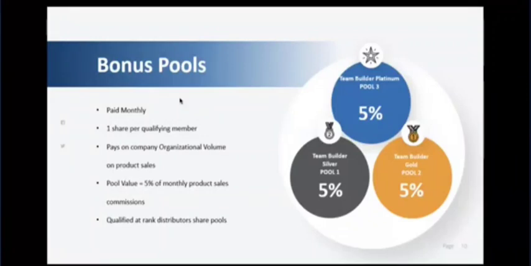In this company, it's entirely possible to qualify for all three bonus pools, and so you're taking a share in each of the three bonus pools. So you're really getting paid on three pools every month, which we think is going to be a really great bonus for those of you who are willing to get out there and share the ShoppyShop opportunity.